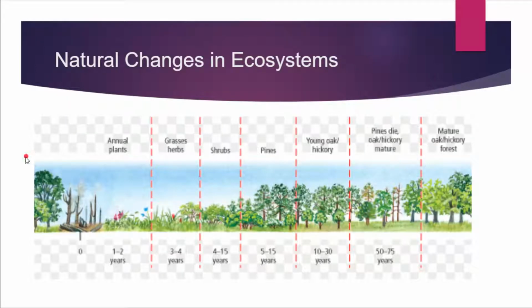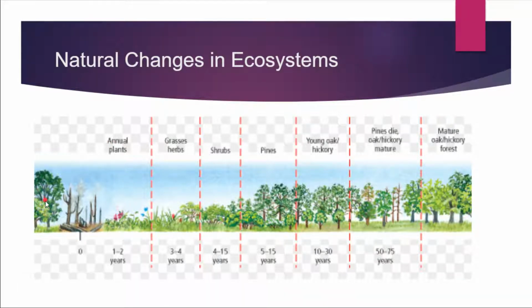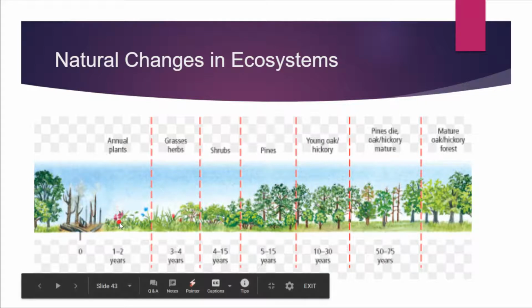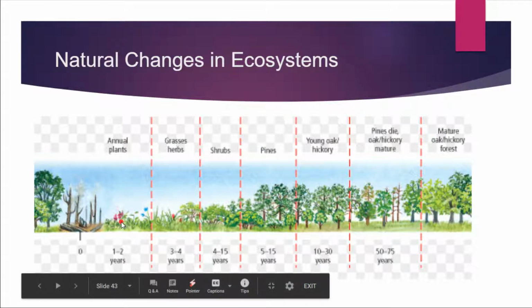Here's a picture I have of succession. We have a mature forest here, and what happens is a forest fire. All those nutrients that were in the trees are returned back to the soil, and we have primary succession. We'll talk about primary and secondary succession in a minute.